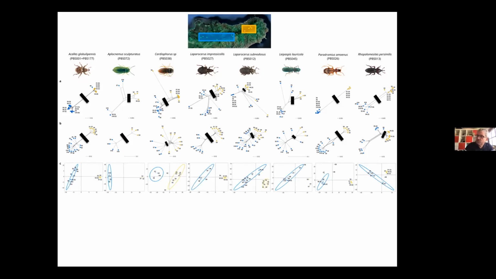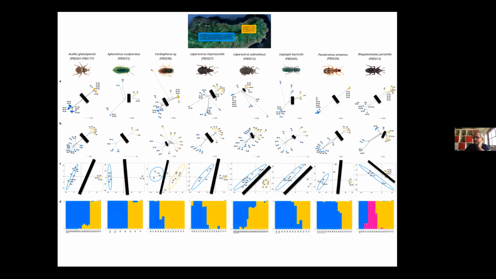So now I'm just representing the same data as a principal component analysis, again, clearly divided into 2 groups. And for each species, we generated ancestry coefficients. In all cases, except for the last one, we find that the individuals clearly structure into 2 ancestral populations. In the last case, we actually have 3.